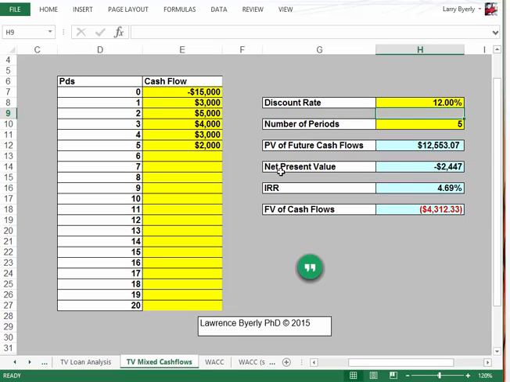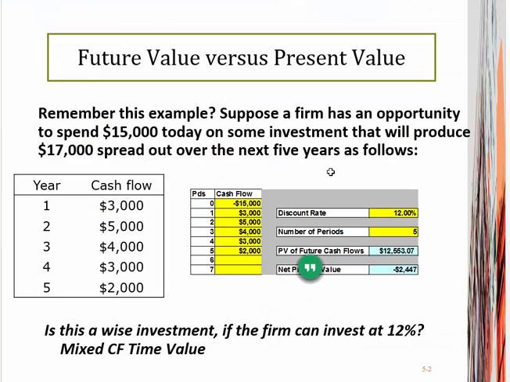So the net effect, what's referred to as the net present value, is a negative number. The company is ultimately going to lose value, lose wealth, with this particular project.